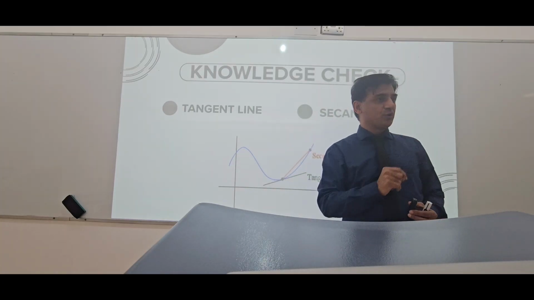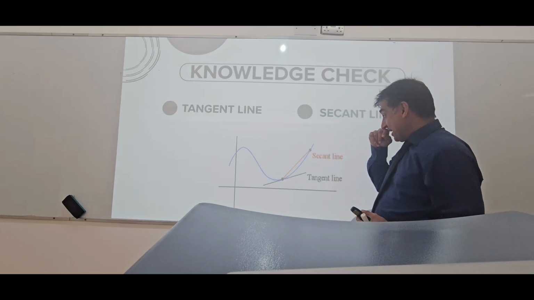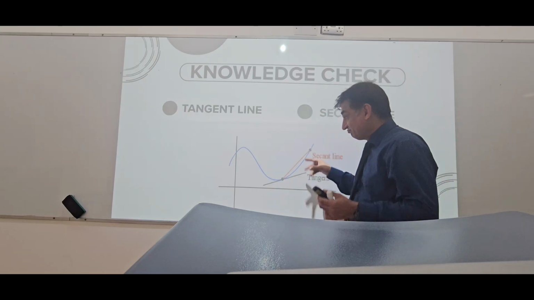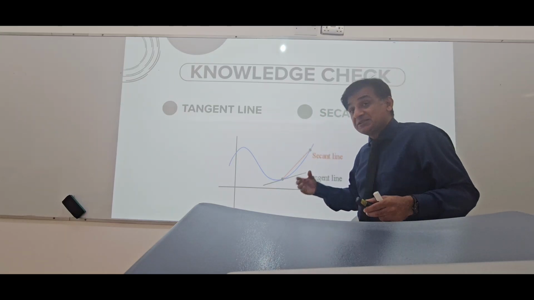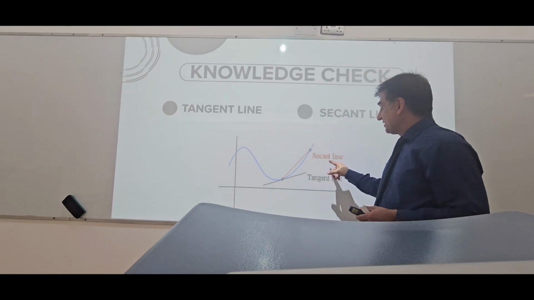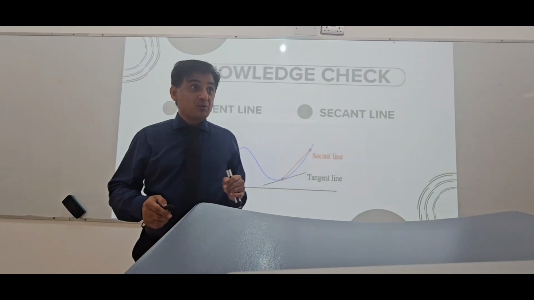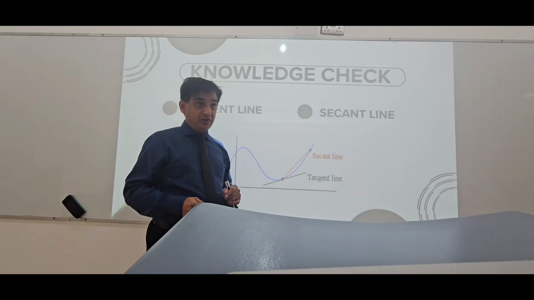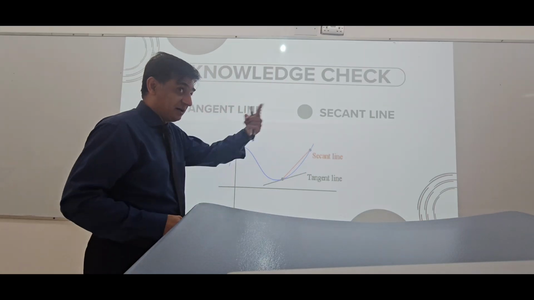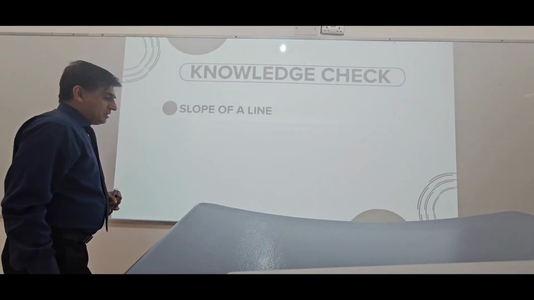And the line that intersects the graph at multiple points, more than one point, is called the secant line. Very good. So I want you to keep this in your mind, all right? Because we're going to use it in our next slides.